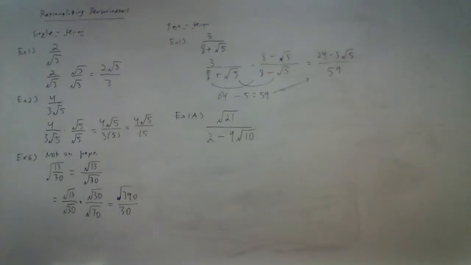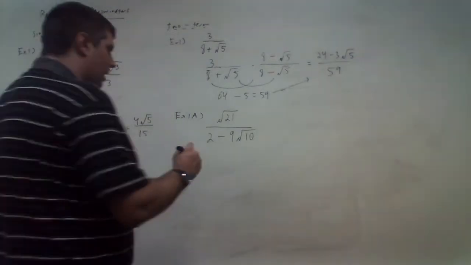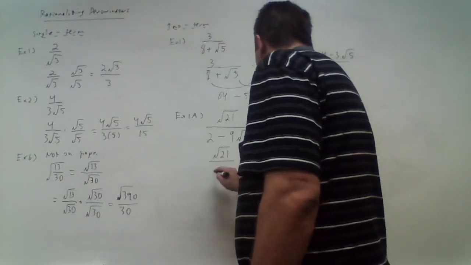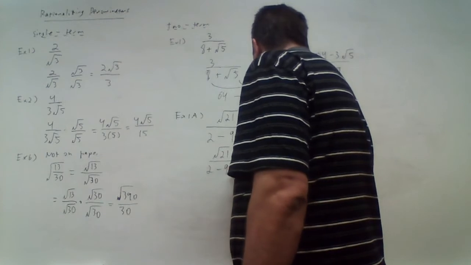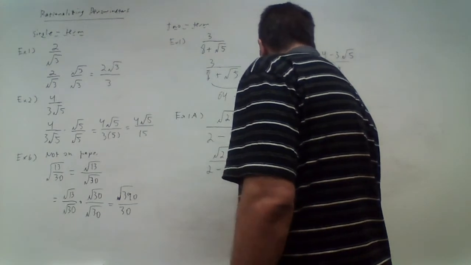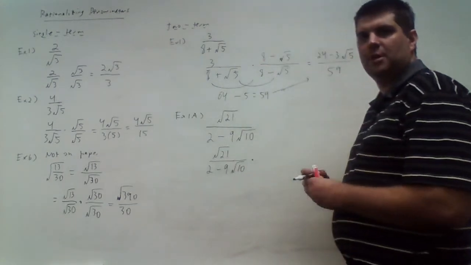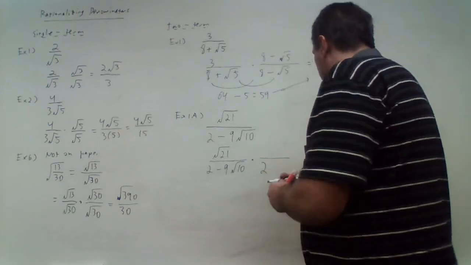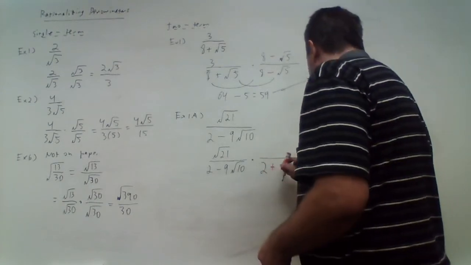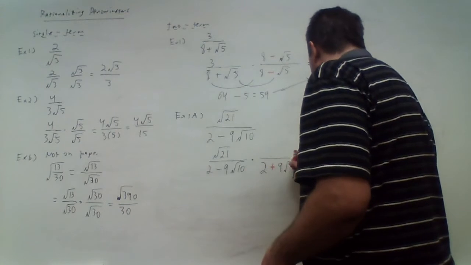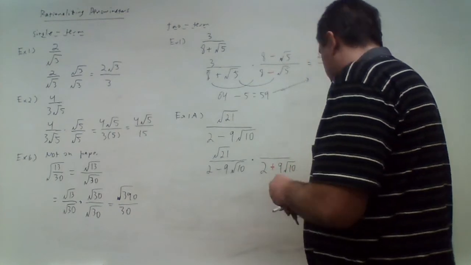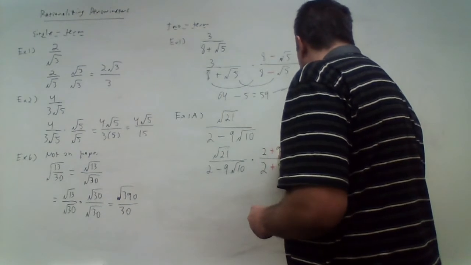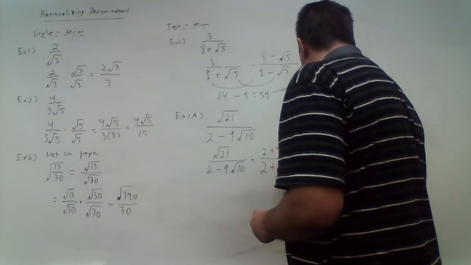So what you would do is multiply top and bottom by 2 plus 9 square root of 10, and 2 plus 9 square root of 10.